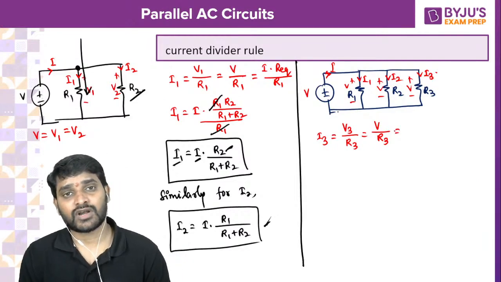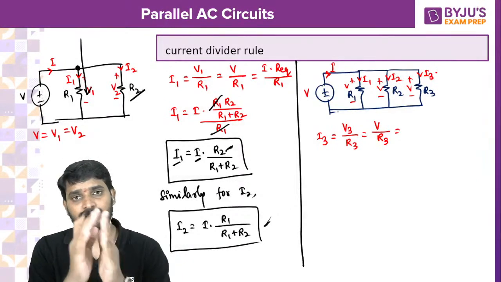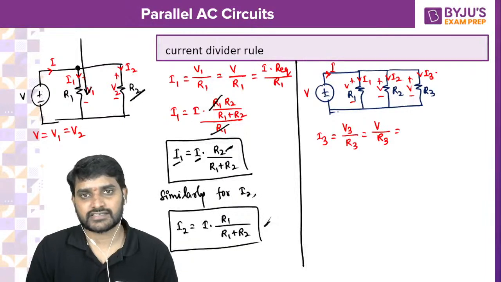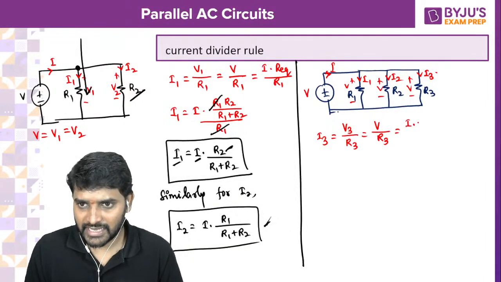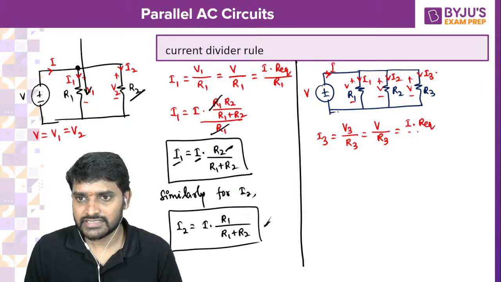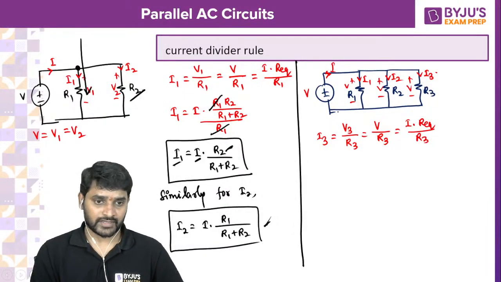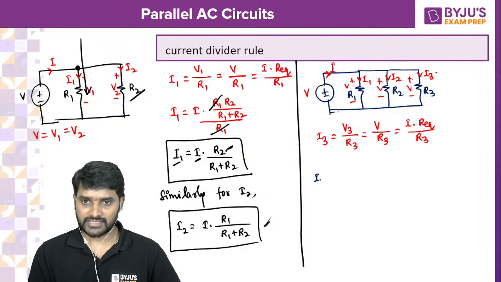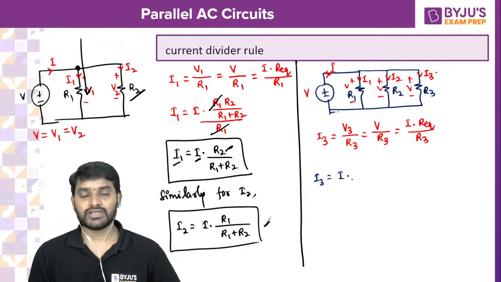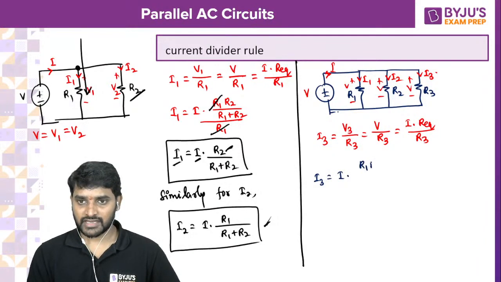The source voltage is source current into total equivalent resistance. So I can write I into R equivalent divided by R3. What is the R equivalent of the three resistors? We have seen already: I3 equals I into R1 R2 R3 divided by R1 R2 plus R2 R3 plus R3 R1, or otherwise R1 R3.